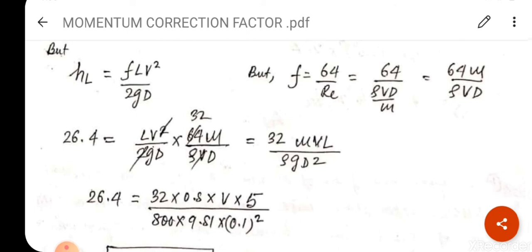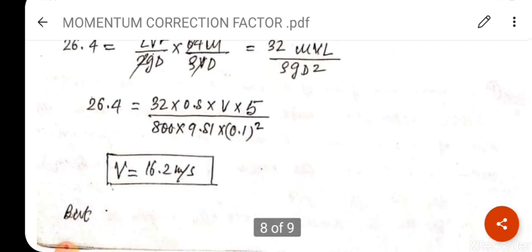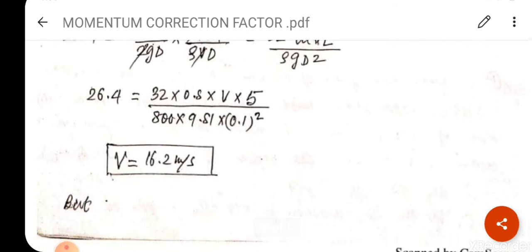Putting the value in this equation, HL is known, that is 26.4 is equal to 32 mu V L upon rho G D square, because here density is given and mu value is given, that is dynamic viscosity. So we will get V as 16.2 meter per second.